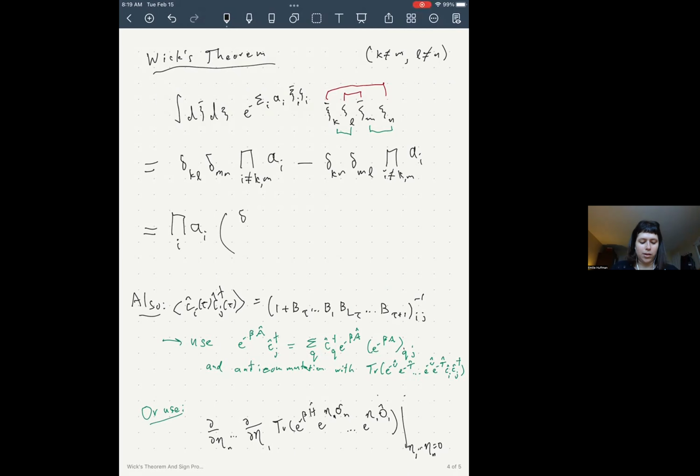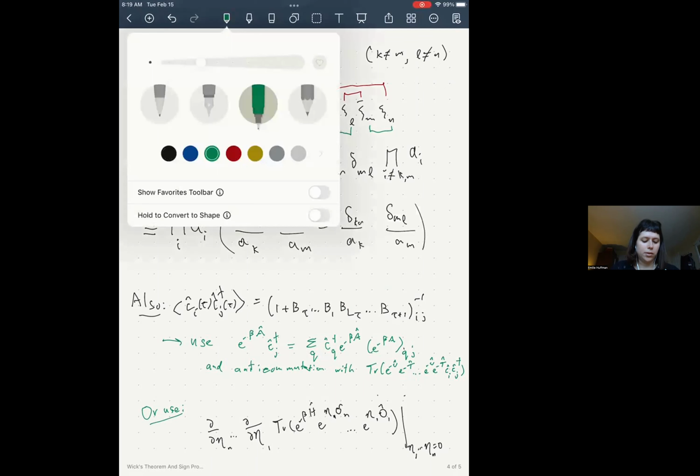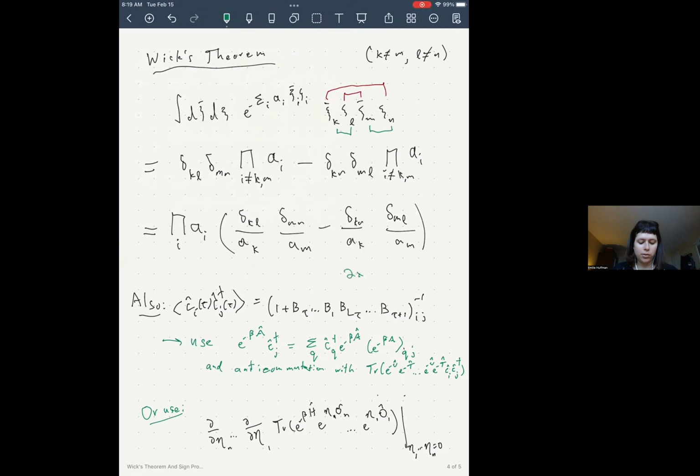And then what we get is delta KL over AK, delta MN over AM, minus delta KN over AK, and then delta ML over AM. And so notice this is actually a 2x2 determinant of things.